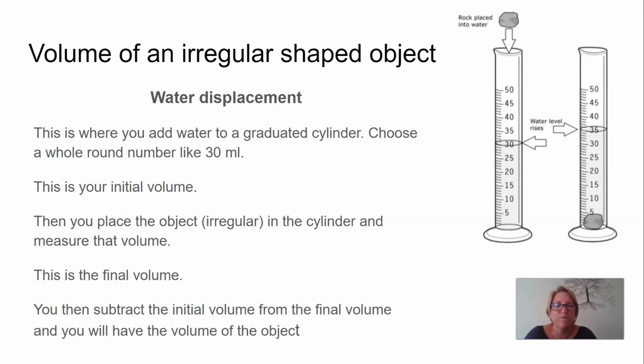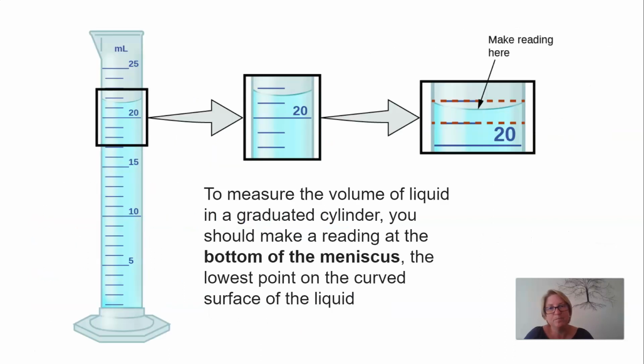So that's going to be the final volume. You then subtract the initial volume from the final volume, and that will be the volume of your irregular shaped object. So how cool is that? So please remember this method. You'll definitely use it today, and there are some practice problem sums in the attached worksheet that you can do when you've finished listening to this lesson.